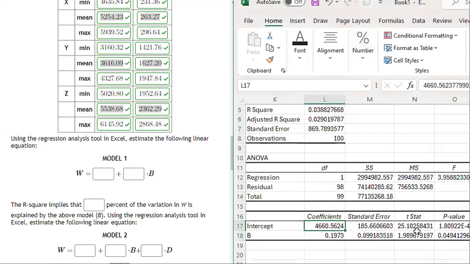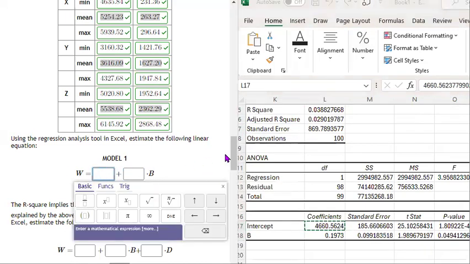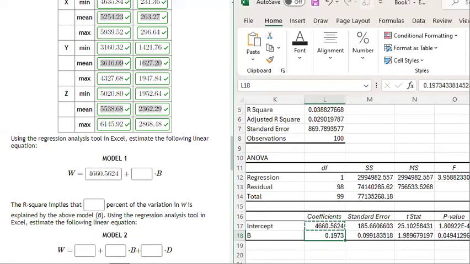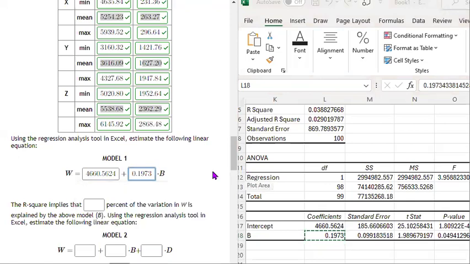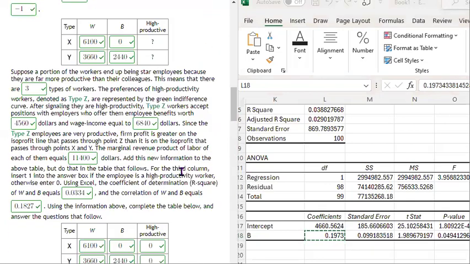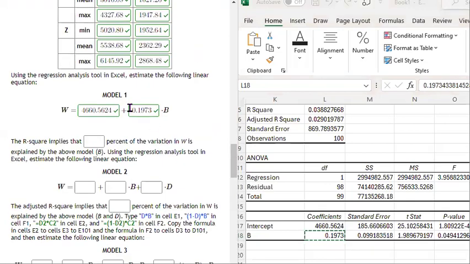So my intercept is 4,660.5624. That's my intercept. The slope coefficient of the benefit variable is 0.1973, right? I'm going to hit enter to see if I got it right. And it looks like I did, right? So that's my simple regression.